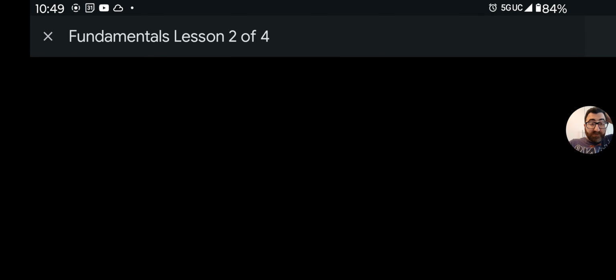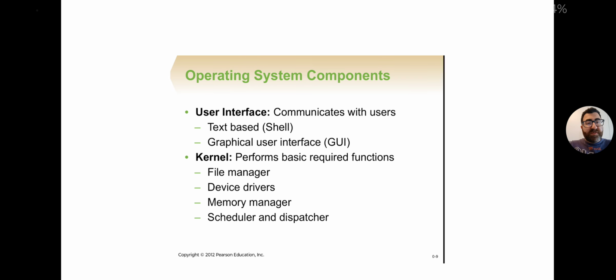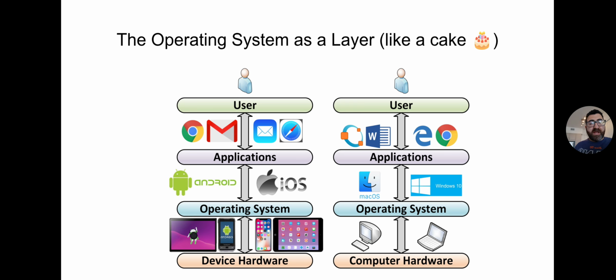So we talked about the parts of the operating system, what the operating system does. And again, I think of it like layers on a cake. The operating system is the foundation layer, and the applications run on top of the operating system. The operating system acts like the traffic police and controls which application is running, which application is in the background or sleeping, how much memory each application can use, and how to manage that memory.